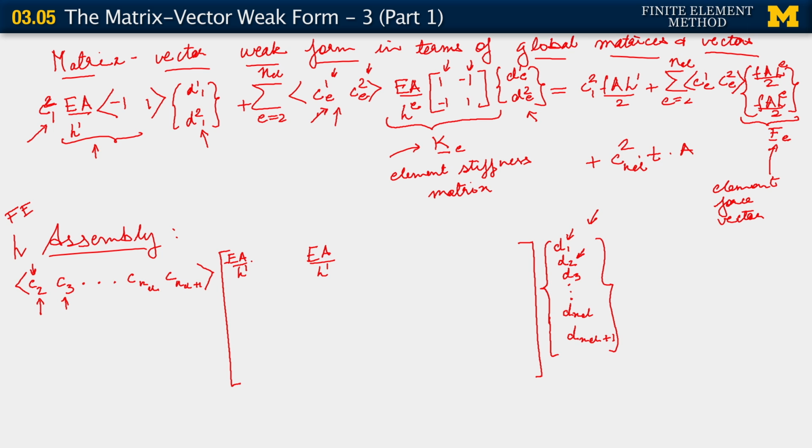We get minus EA by H1 from element 1 plus EA over H2. Here we would get minus EA over H2. Down here we would get minus EA over H2, and here we would get EA over H2.